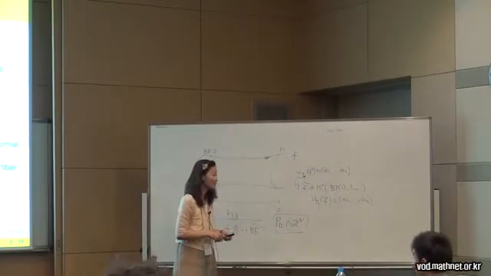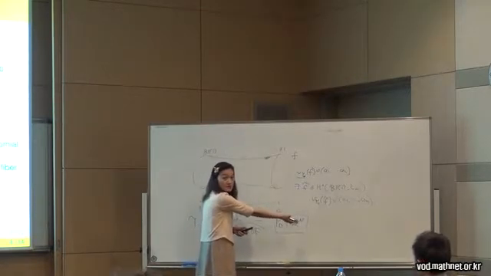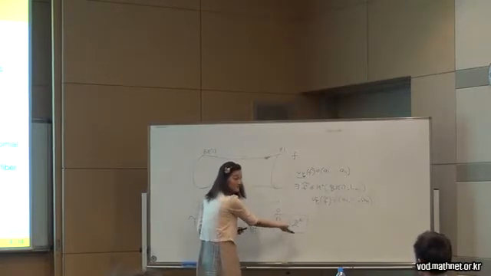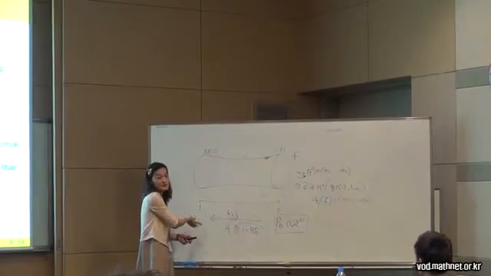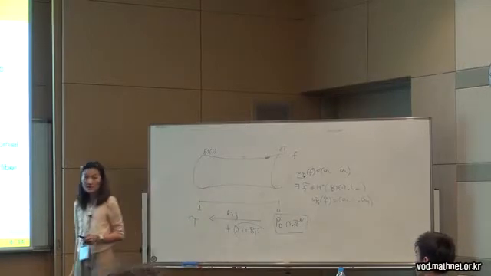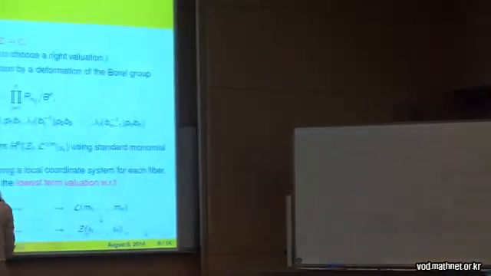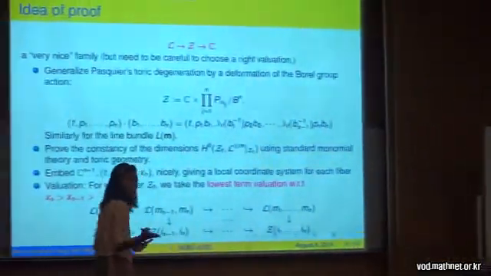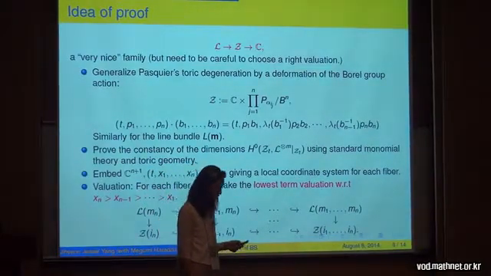So if you get values on this side, we prove there is a section here which has the same values. And again, these two semigroups are equal to each other, again because of this constancy of the dimensions along the fiber.